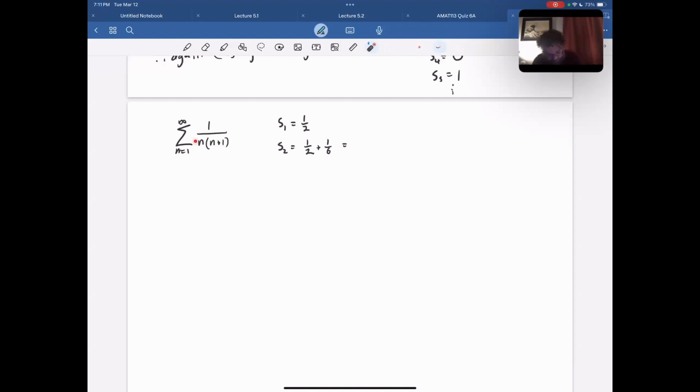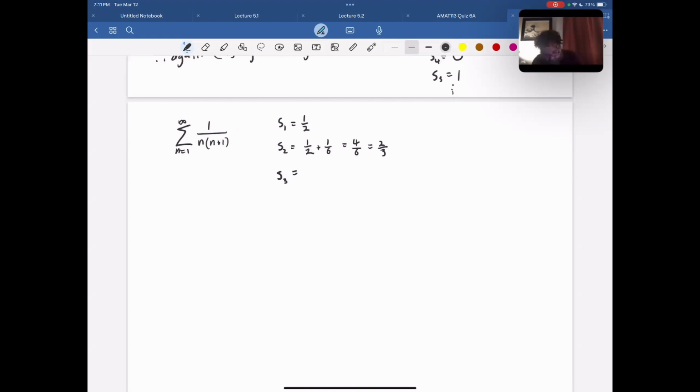As 2, that's going to be 2 times 3, right? So that's 1/6. Now that's going to wind up being, right, 4/6, or 2/3, right?